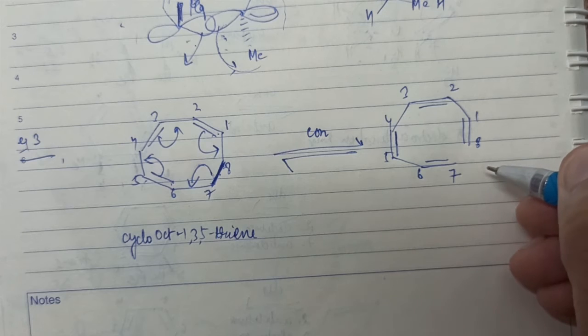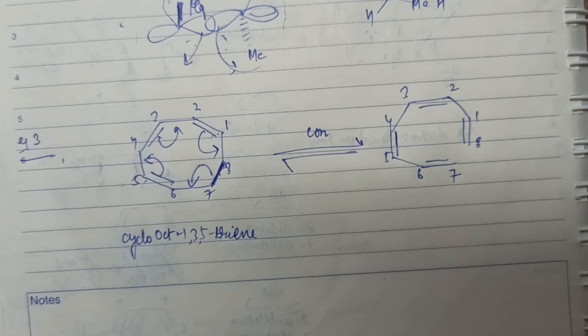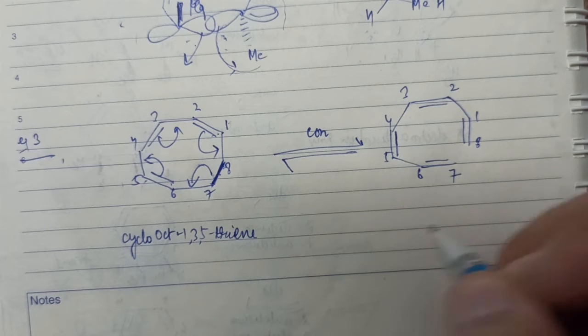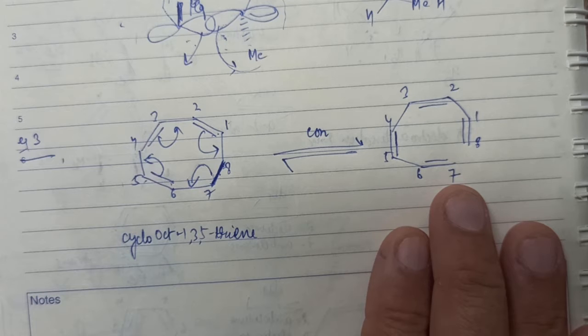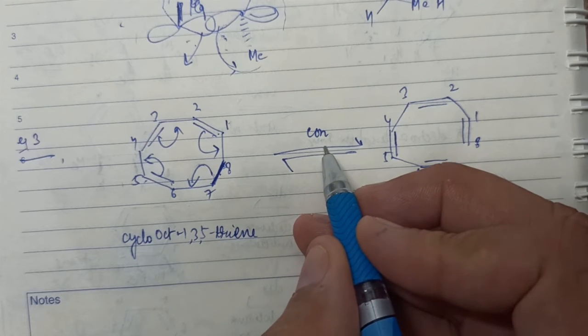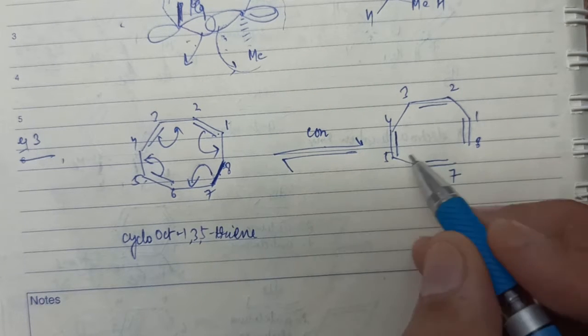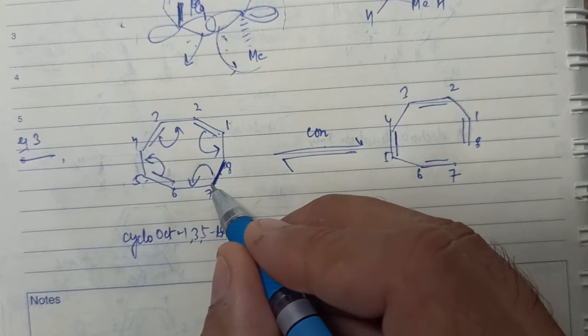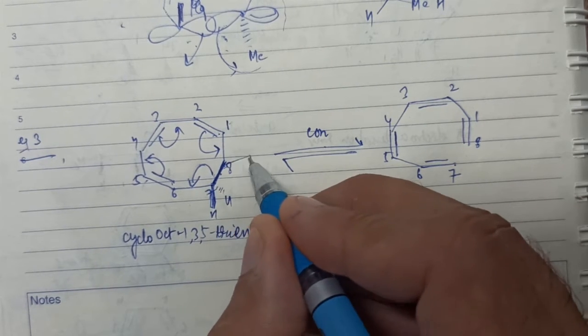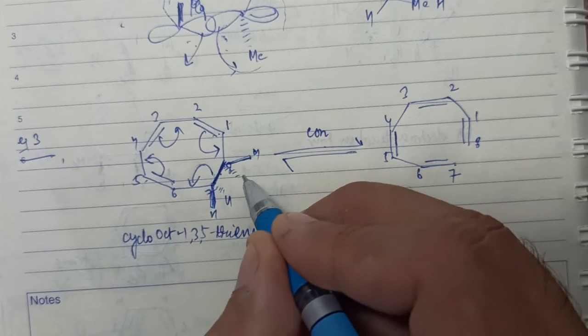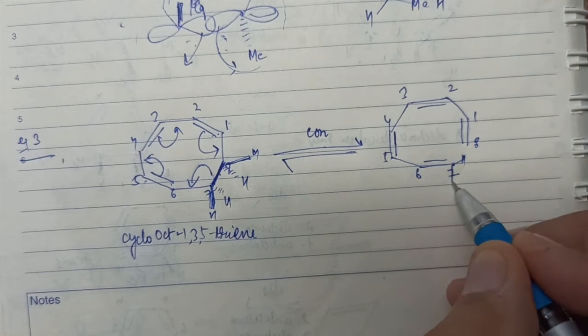Where will this hydrogen go in the product? This is what I want to see. This is my conrotatory. Where will this hydrogen go? This is the acyclic product. Now considering this acyclic product in a conrotatory fashion, I cannot say where these 2 hydrogens will go, because at 7 and 8 position both are hydrogen, and since both are hydrogens in nature, this hydrogen can occupy either of the positions.